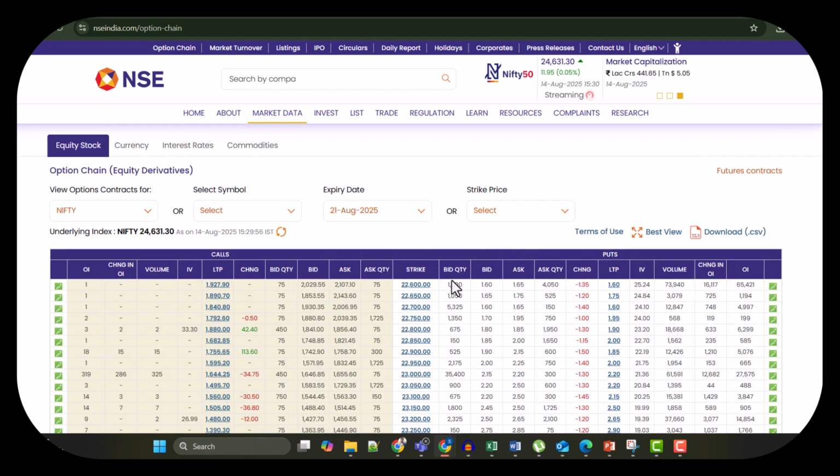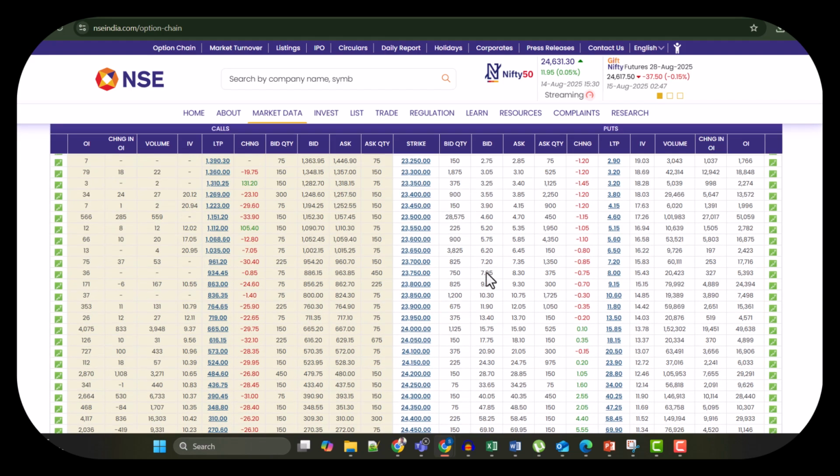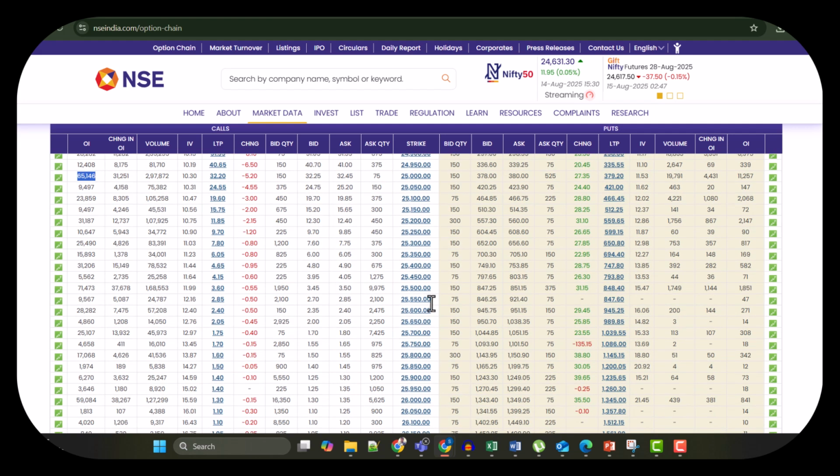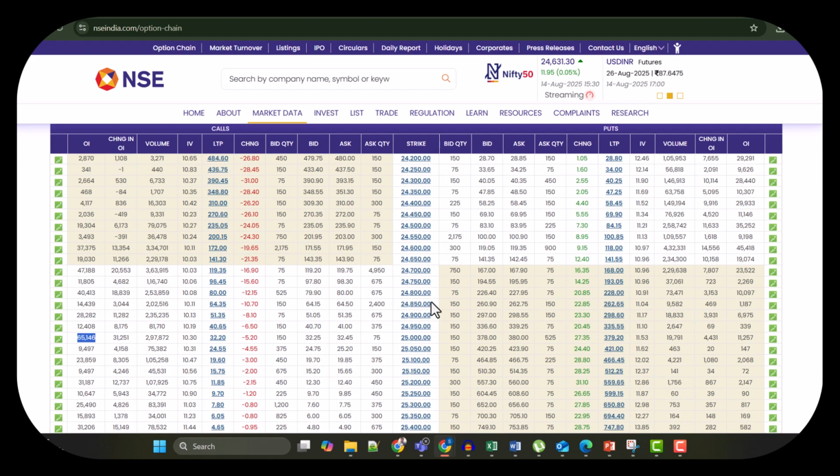Traders are writing puts aggressively here, which means they expect Nifty to remain above this level. This makes 24,600 a strong support zone. At the 24,500 strike, put OI is the second highest, around 35,252 contracts. This is a significant bullish sign. It shows confidence that the market will hold above 24,500.